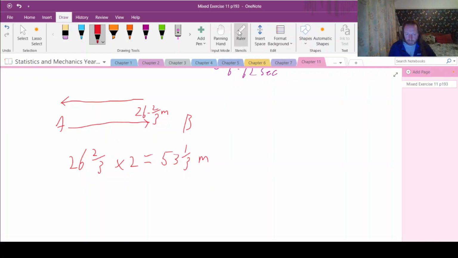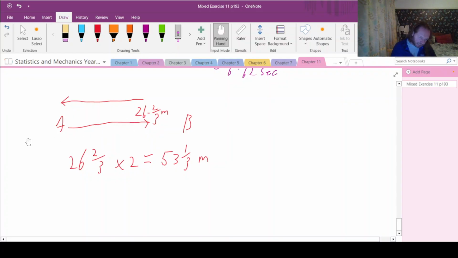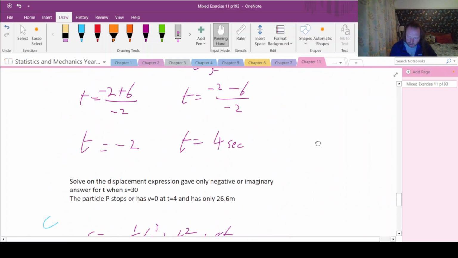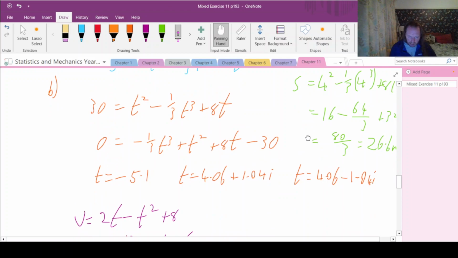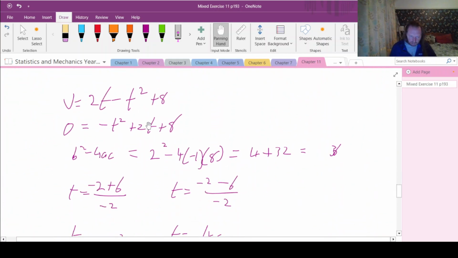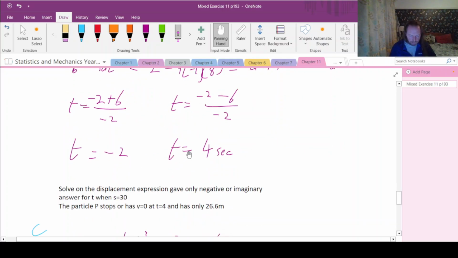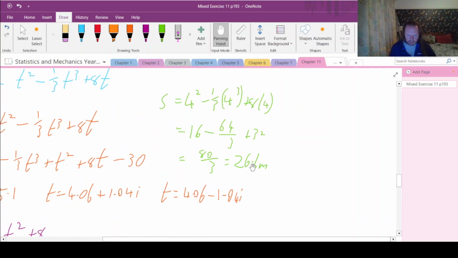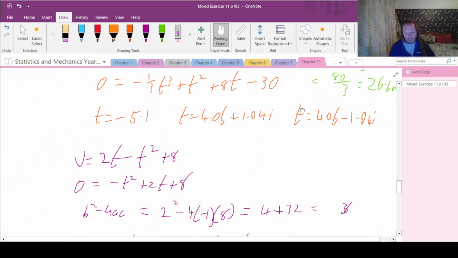Because as it's come out, it's been accelerating to 0, and then it started travelling back the other way. And that's what we solved with this distance up here, in terms of working out when the velocity was going to be 0. Using the velocity equation we had, we solved that for when the velocity had got to 0, which was 4 seconds, and after 4 seconds it had travelled 26.6 meters, and it starts accelerating still back in the same way, and it comes back to there.